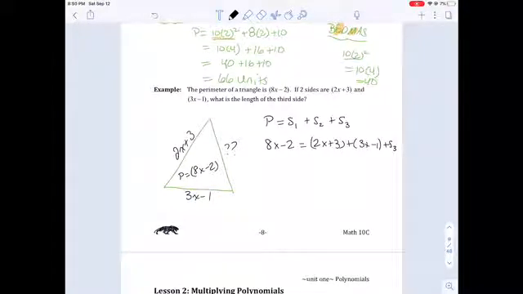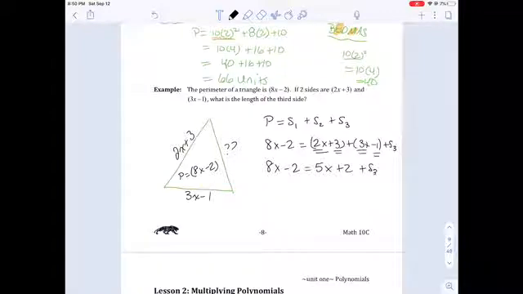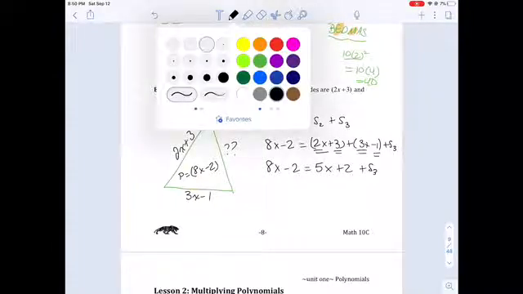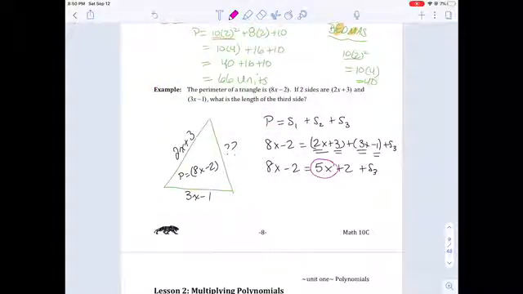Well, let's simplify our right-hand side. I've got 2x and 3x, that's 5x, and 3 minus 1 is 2. If I want to find that third side, I need to isolate this third side, so I'm going to move over my 5x, or subtract 5x.